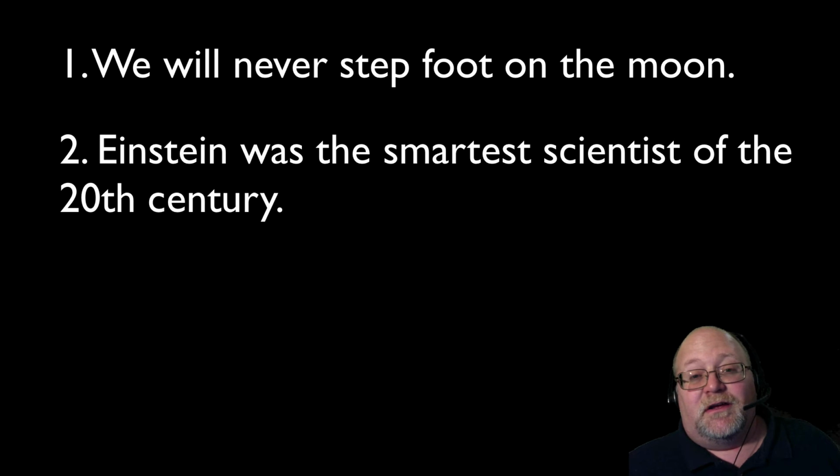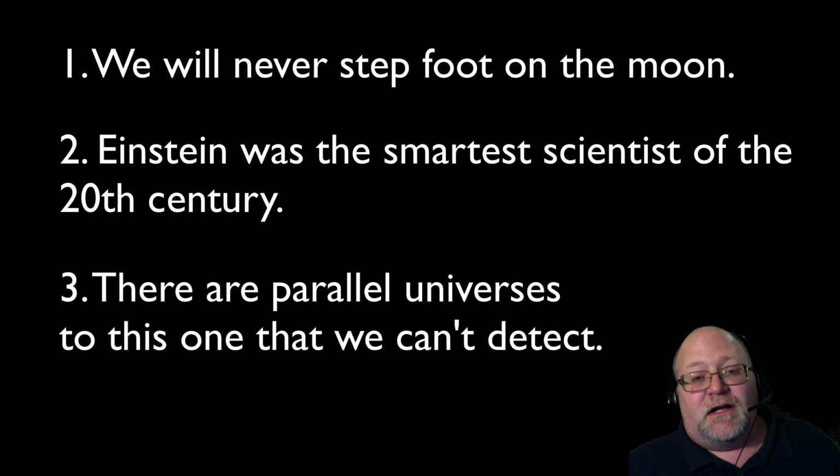Two, Einstein was the most intelligent scientist of the 20th century. And three, there are parallel universes to this universe that we have yet to detect. Which one, or which ones of those three, if any, was scientific?